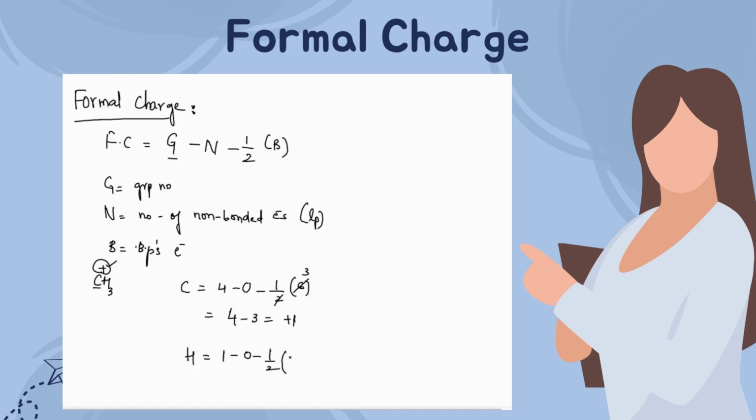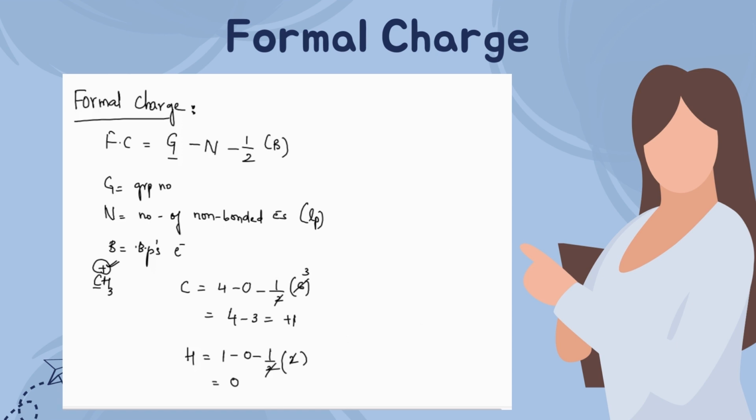So altogether only one bond pair by one hydrogen. So the electrons are 2. So this will be 1 minus 1, which is 0. So the charge present on hydrogen is equal to 0. Whatever charge is present in the molecular ion is completely present on carbon itself. That is the way to calculate formal charge in a given example.